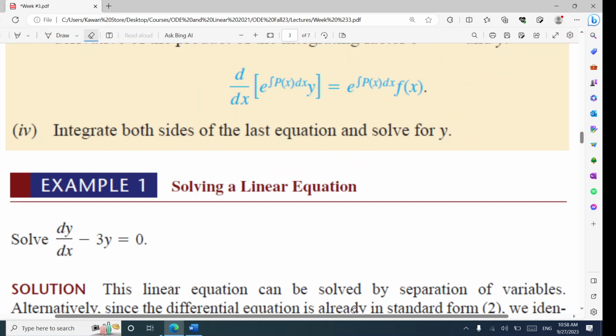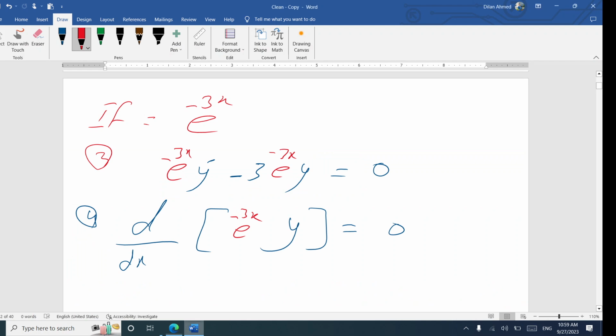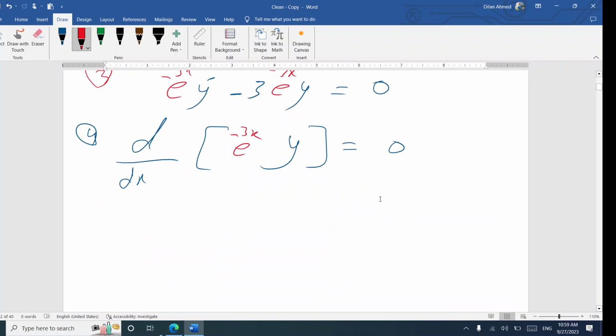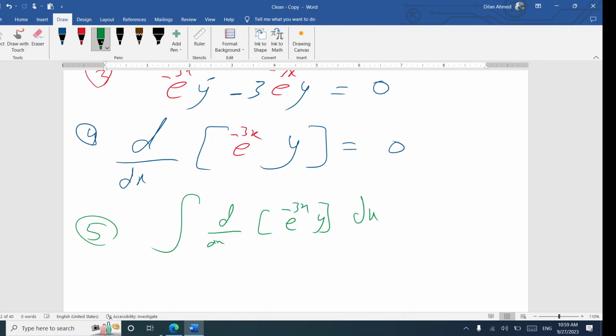So you don't need to think about it, just do it. Clear? Good. Now I want to find y. So what shall I do? Integrate both sides. By what?